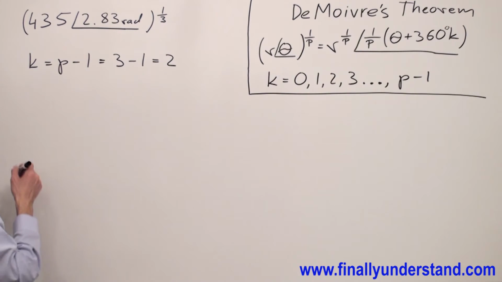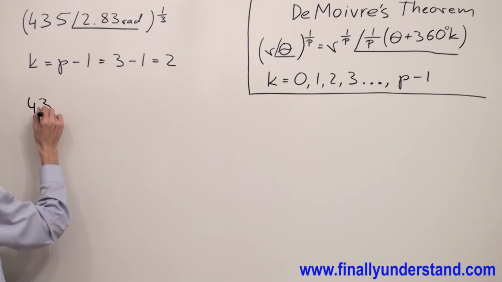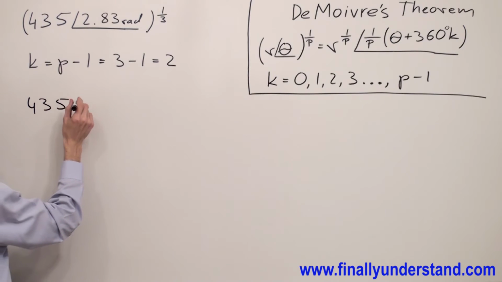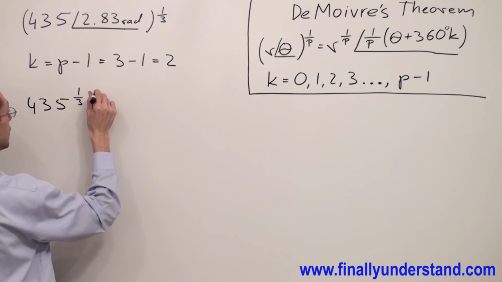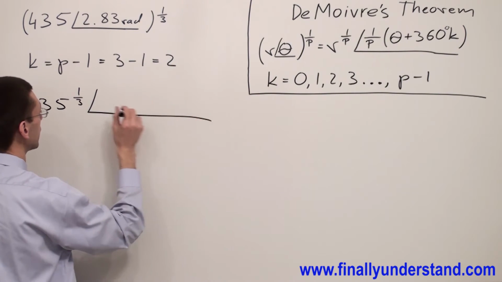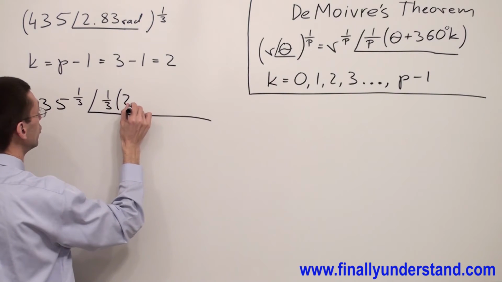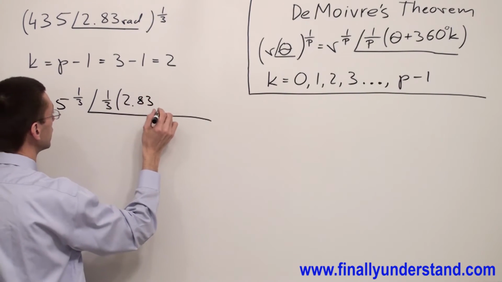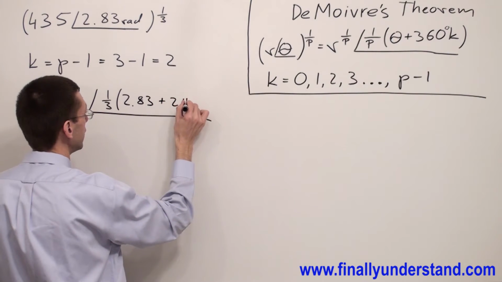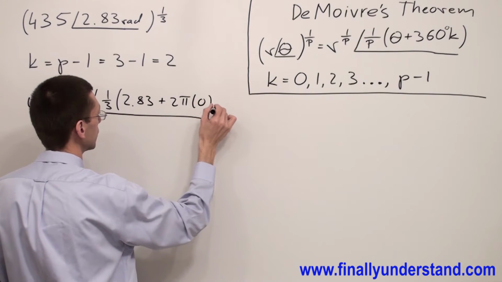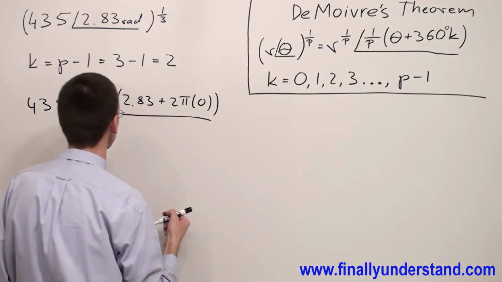So I have 435 raised to power 1/3, and I have angle 1/3 open parenthesis 2.83 radians plus 2 pi times 0. 0 because this is my first value of k which I'm supposed to use.